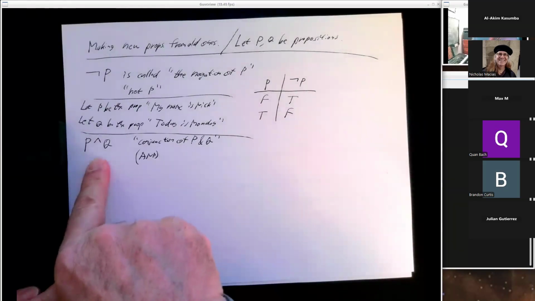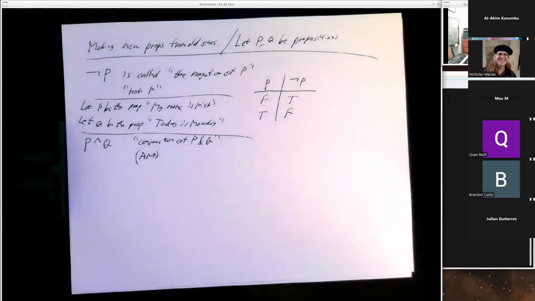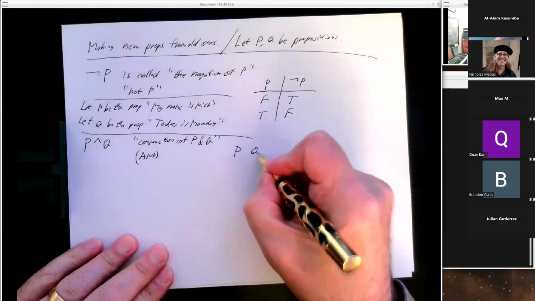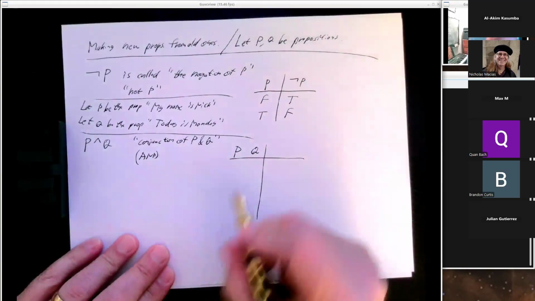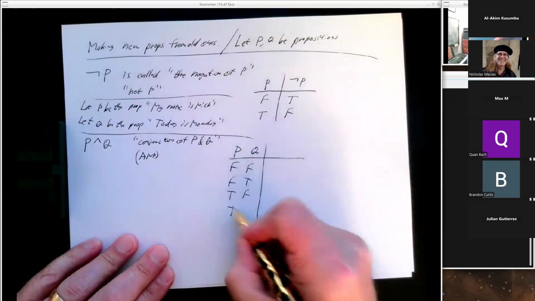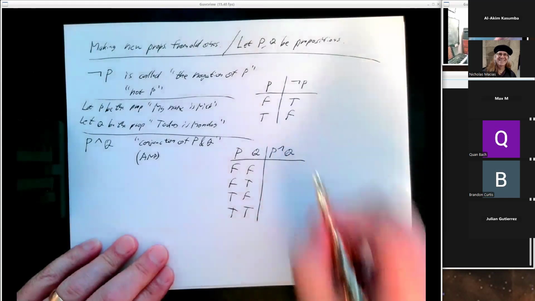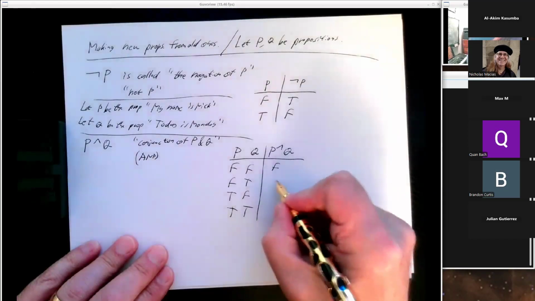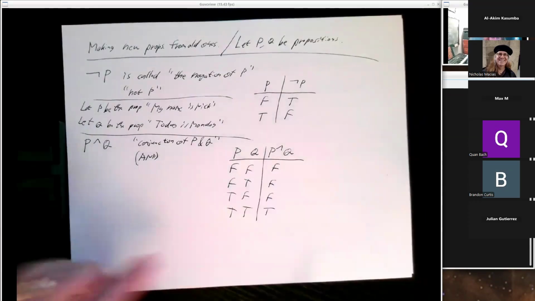It's the proposition that my name is Nick and today is Monday. And we can make a truth table for conjunction because whatever propositions P and Q are, they might both be false or one might be true or they might both be true. And for each of those four cases, we can explain what the conjunction of P and Q would be. And it's false in all cases except this last case where both P and Q are true.